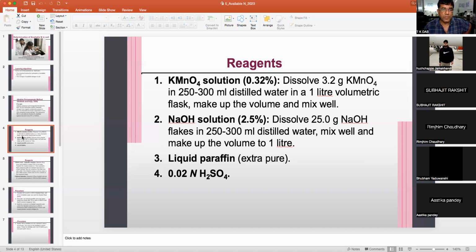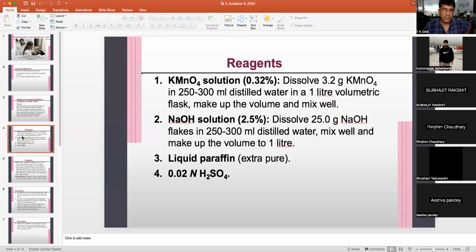You know the role of sodium hydroxide solution. Dissolve 25 gram sodium hydroxide flakes in 250 to 300 ml distilled water. Mix well and make up the volume to 1 liter. It will make your 2.5% sodium hydroxide solution. And some liquid paraffin is required, and also 0.02 normal sulfuric acid.